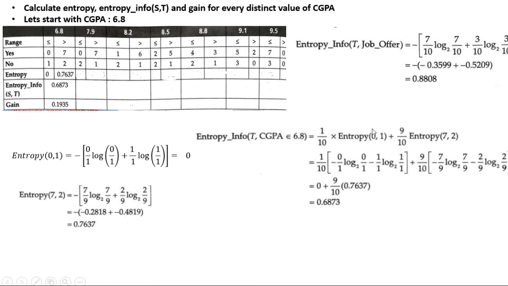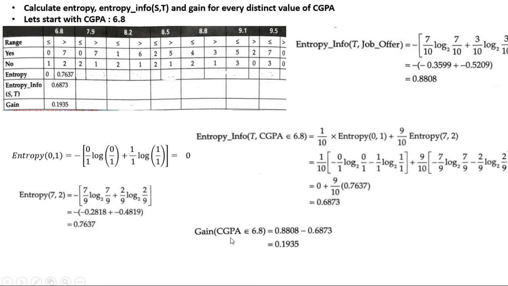Now already you found entropy of 0, 1. Put that here. No need to calculate here again. Already you know entropy of 7, 2. It is 0.7367. Just put it here. So 1 by 10 into 0 plus 9 by 10 into 0.7367. You're getting entropy information as 0.676873. Fill it up here.